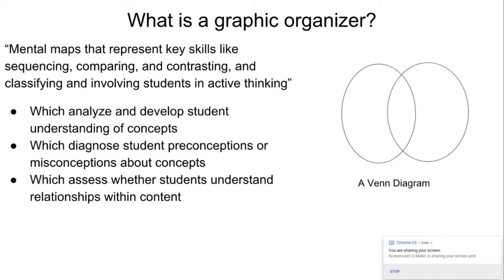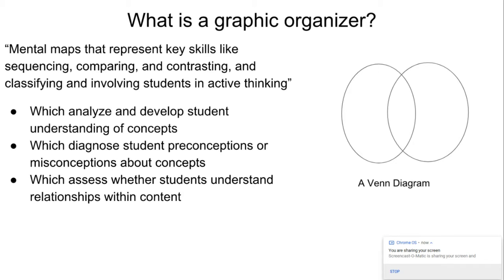First, what is a graphic organizer? As said by Butler and McMunn, graphic organizers are mental maps that represent key skills like sequencing, comparing and contrasting, classifying, and involving students in active thinking. They analyze and develop student understanding of concepts.